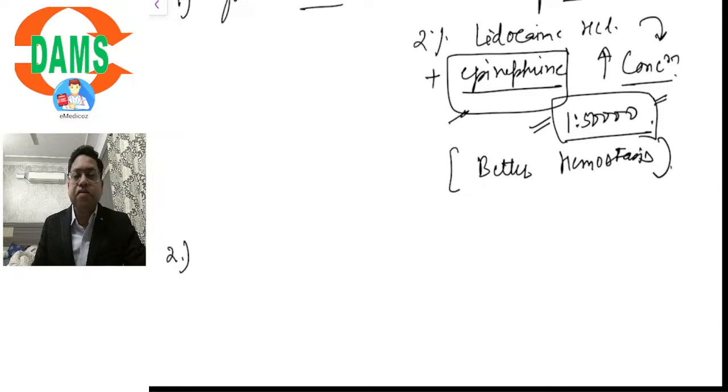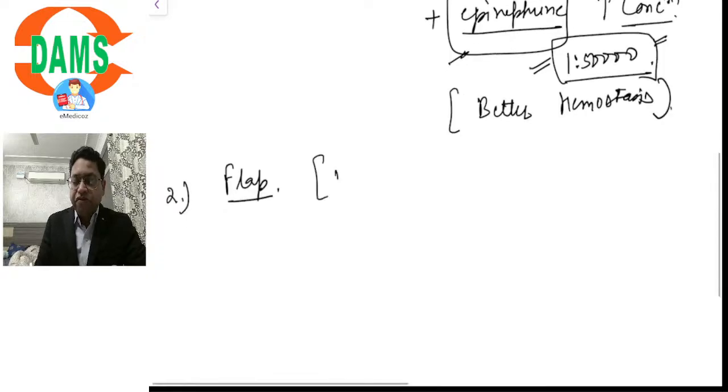What would be the second step? The second step in the surgical procedure would be the flap. We have to raise a mucoperiosteal flap.